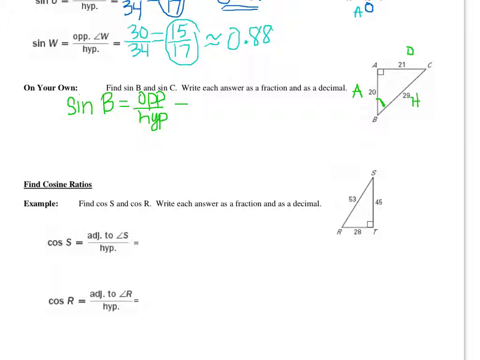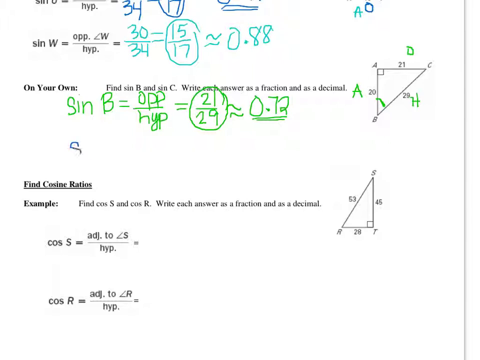So I want the opposite side over the hypotenuse. So the opposite is length 21. My hypotenuse is length 29. Well, 21 over 29 doesn't reduce, so this is my fraction form. And if you put it in your calculator and round it as a decimal, it's 72 hundredths. So here's your answer as a decimal.